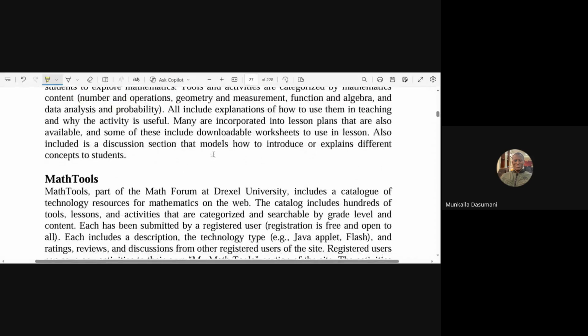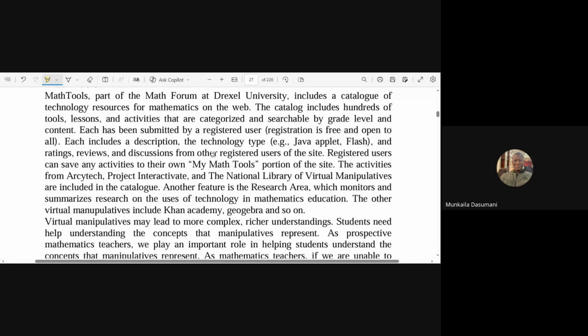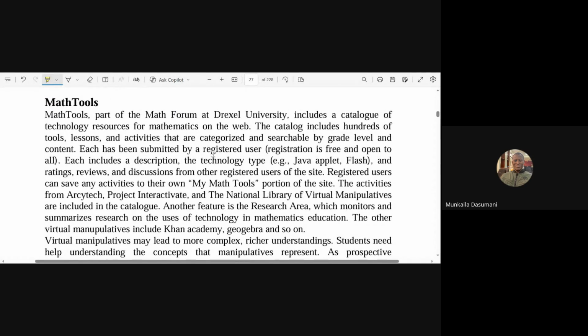Somebody take us through the math tools. Math Tools, part of the Math Forum of Drexel University, includes a catalog of technology resources for mathematics on the web. The catalog includes hundreds of tools, lessons, and activities that are categorized and searchable by grade levels and content. Each has been submitted by a registered user, as registration is free and open to all.